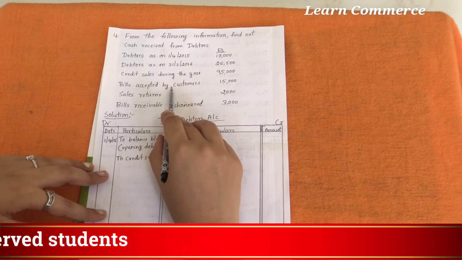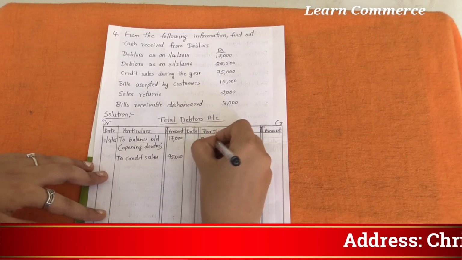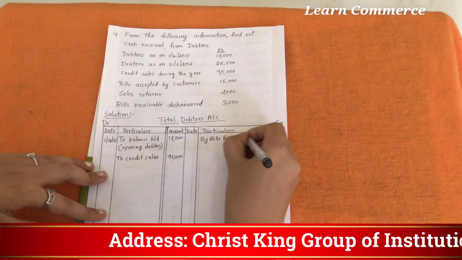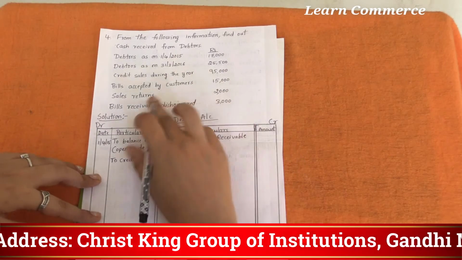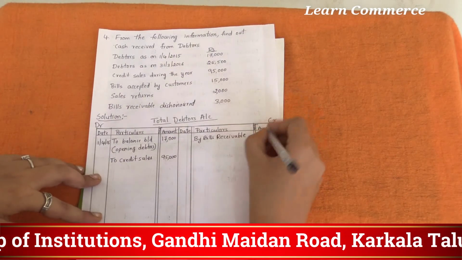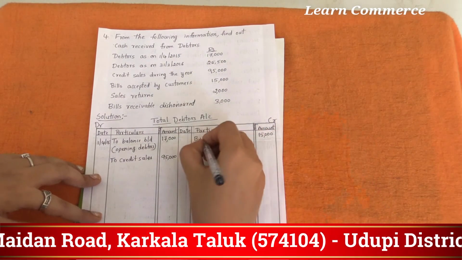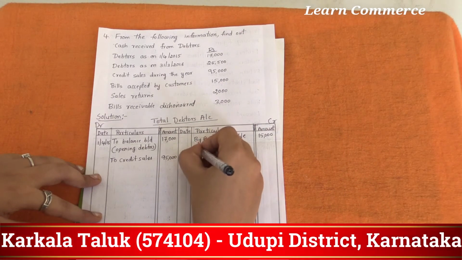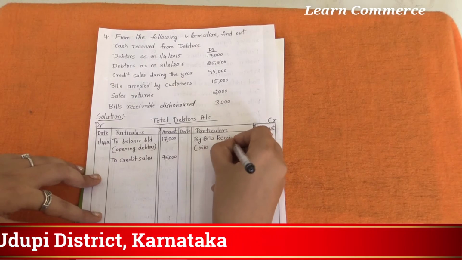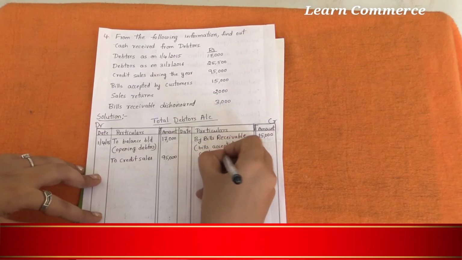This one we should record on the credit side. By bills receivable, this one amount is 15,000. Okay. So in bracket write bills accepted by customers.